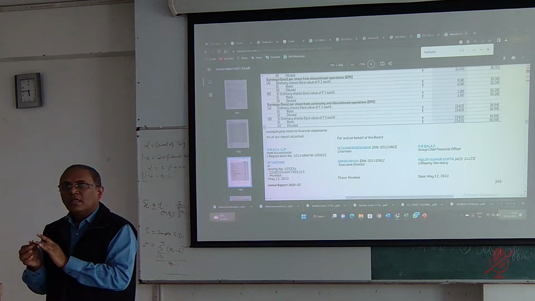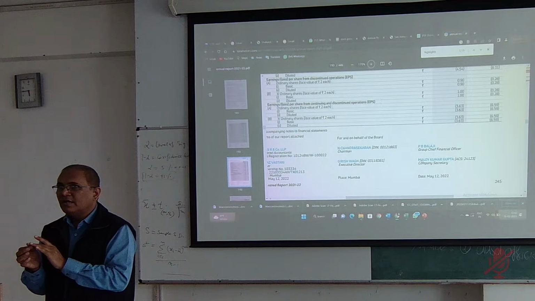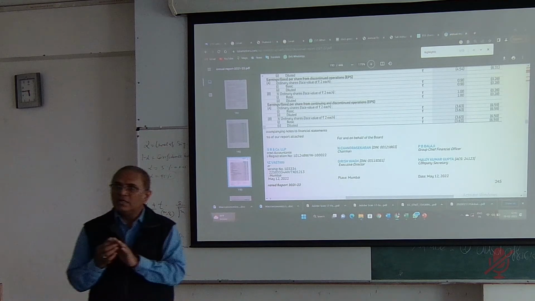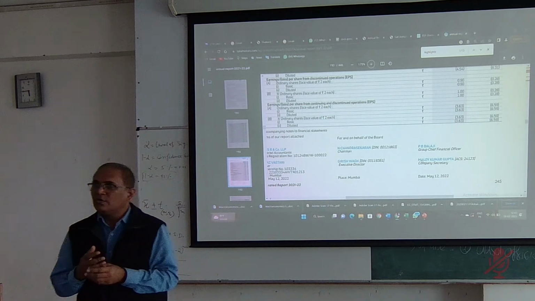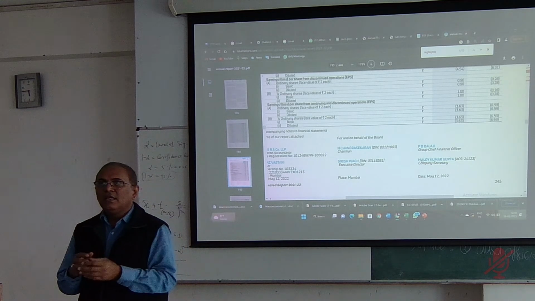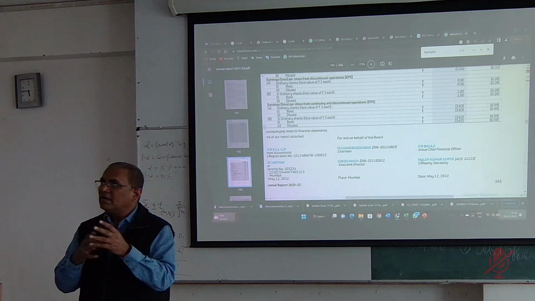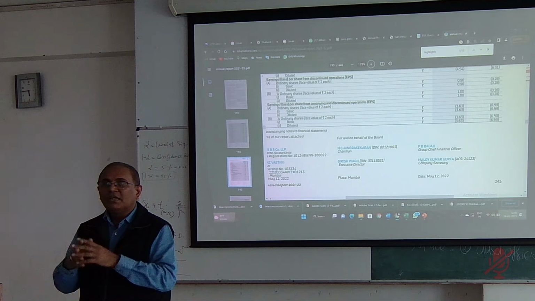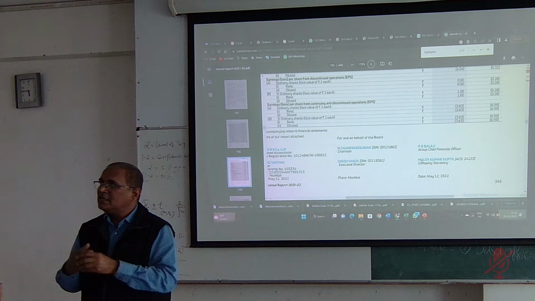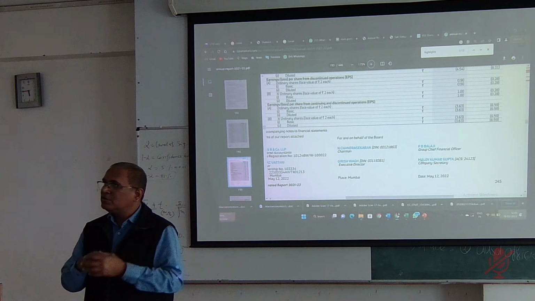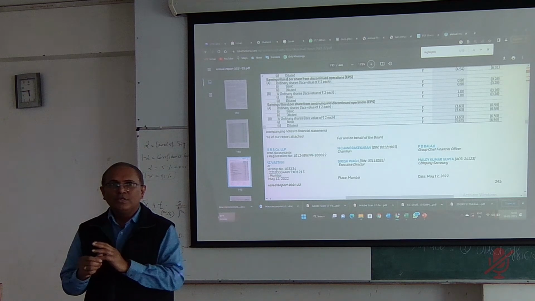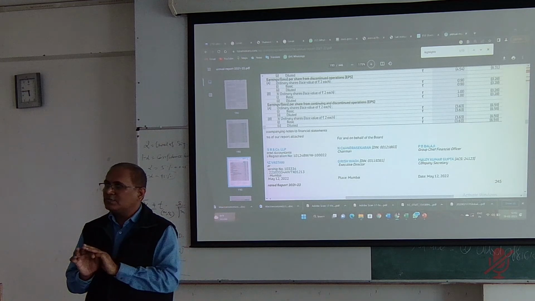For efficiency, turnover-related ratios. For ownership, debt equity ratio. For profitability, gross profit margin and net profit margin. For market-related ratio, price earning multiple. For solvency ratio, interest coverage ratio, like this. So, which ratio? That's the first question.